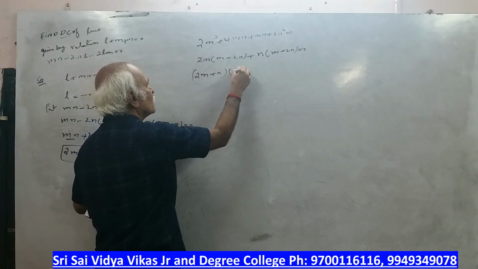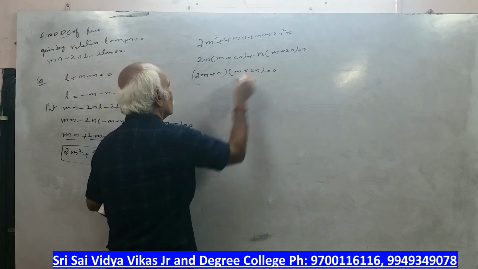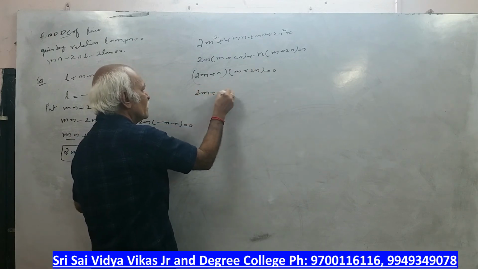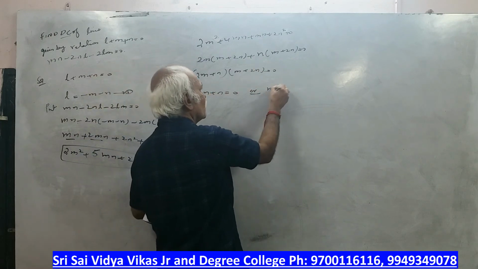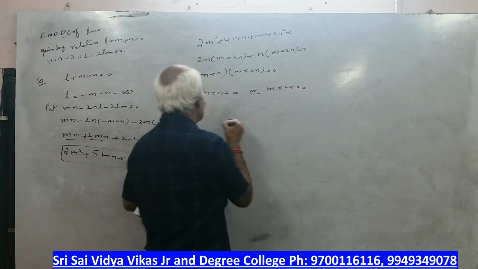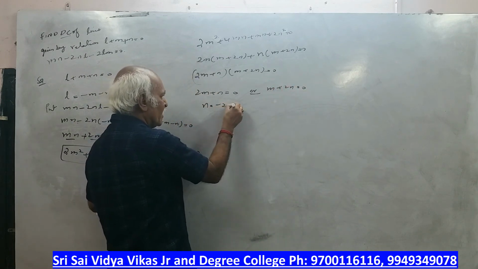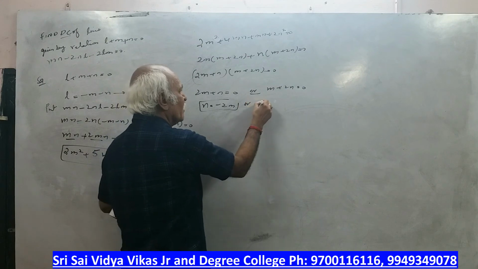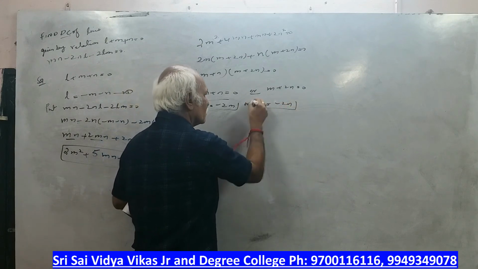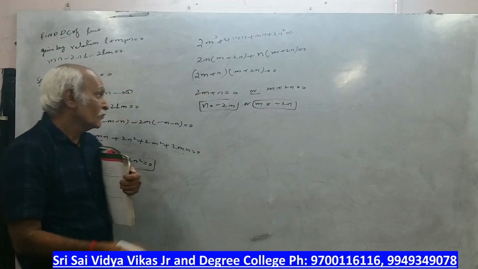So 2M plus N is equal to 0 or M plus 2N is equal to 0. N is equal to minus 2M or M is equal to minus 2N, right?